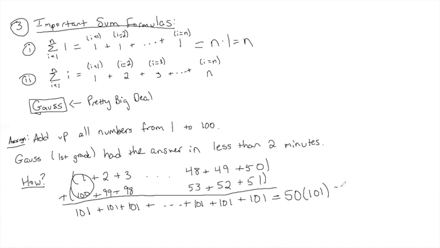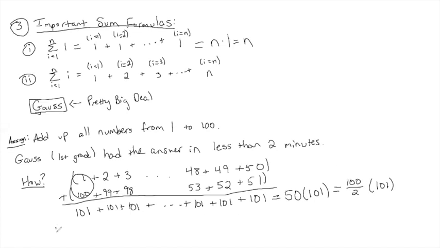Or in general, 100 divided by 2 times 101. Okay, this is the easy way to do it, and this is the way that Gauss found. And in general, this formula works.